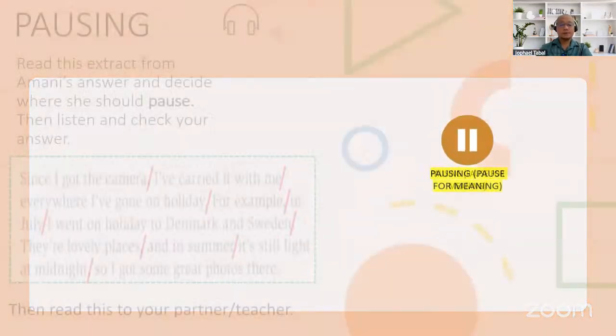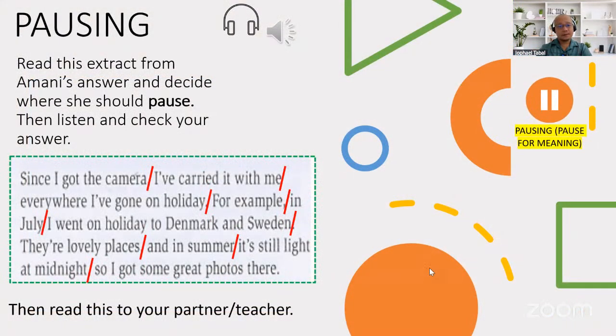Right. So this is what we call the pausing for meaning, in which the candidate has to pause within a phrase that would convey meaning. So, for example, we have here, since I got the camera, I've carried it with me everywhere I've gone on holiday.